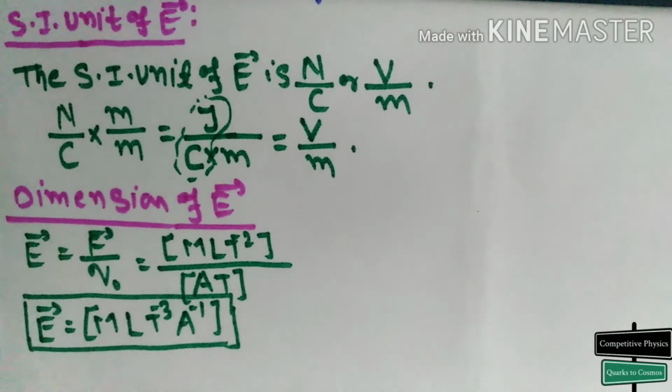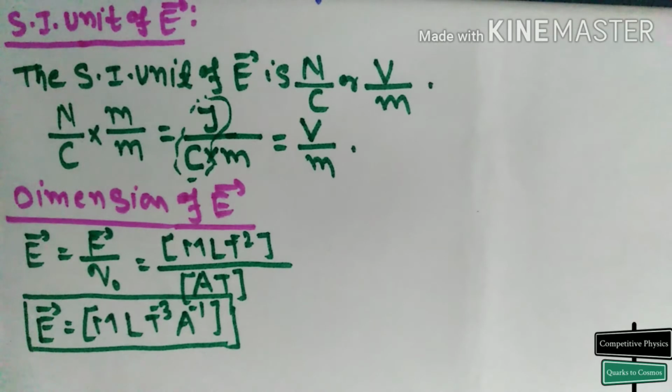One thing you need to remember is that the electric field intensity is defined more accurately as Q naught, which is our test charge, tends to 0. But what will be the minimum value of Q naught? Of course, that will be equal to the charge of an electron, not less than that.